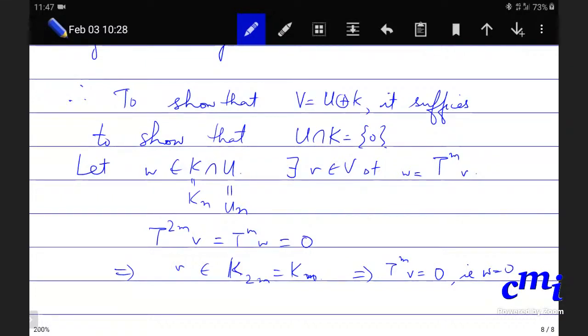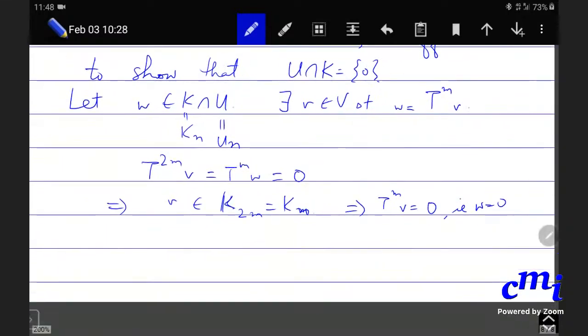And V is not 0, so K_1 is not 0, therefore K is also not 0. It is possible that K is the whole space and U is 0. That is okay. But eventually, we will have to worry about T restricted to K. That's where the nilpotency comes in. So that we will do next time.